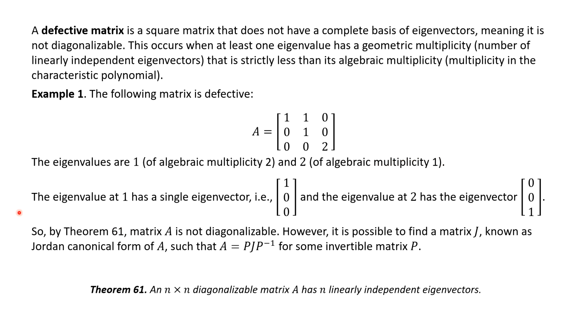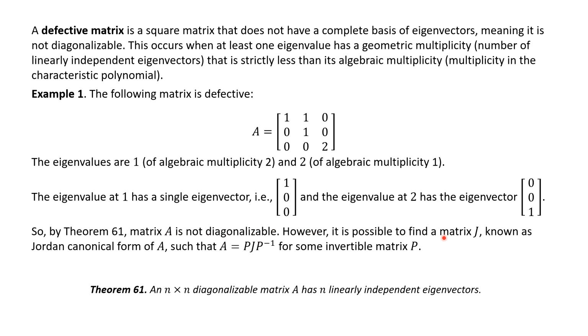However, if you work through the details, the eigenvalue 1 has a single eigenvector, so that fulfills the condition for being a defective matrix, and the eigenvalue 2 has a single eigenvector. So by theorem 61, matrix A is not diagonalizable.